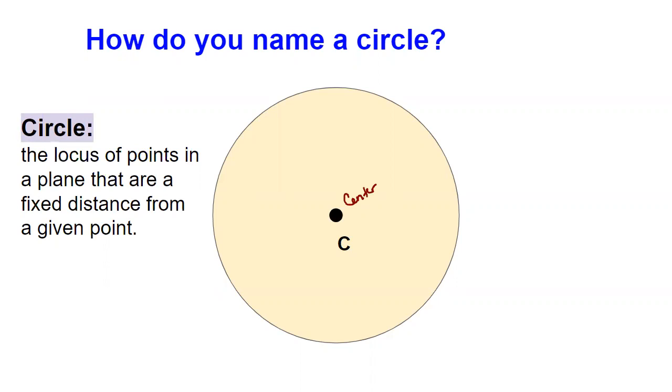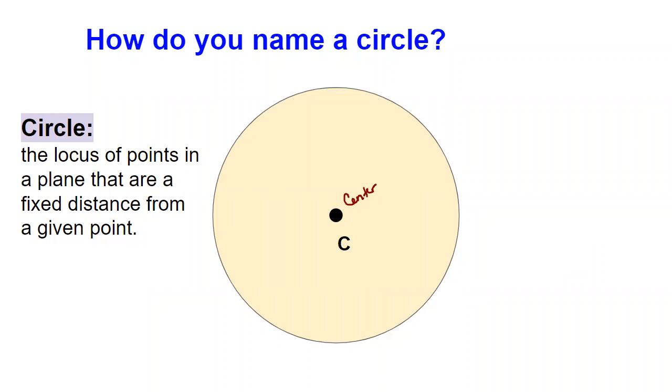It's the locus or the location of points in a plane that are a fixed distance, so all the distances that are away from a given point. So here's my center, that fixed point that's not going to move, inside my circle, and all of the other points.